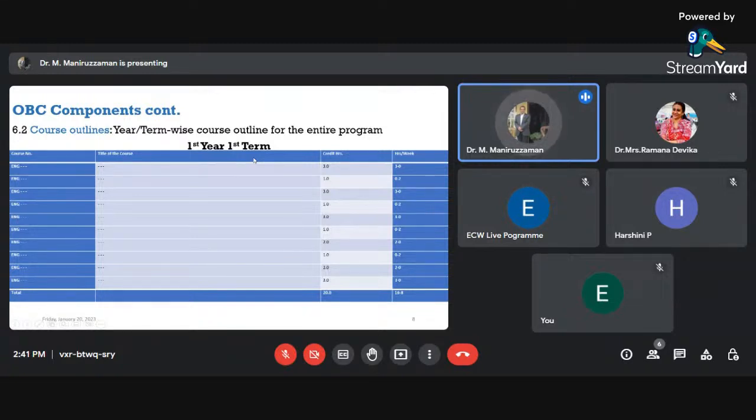And then we have to write the titles of the courses here. And along the left-hand side, we have to write the course codes. And then against the course titles, we have to write the credits. A course may be of 3 credits or 1 credit or 4 credits. Then we have to write the credit hours per week.